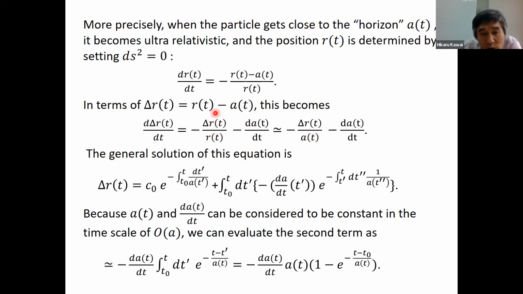So this equation can be approximated by this one, which is just a linear equation for delta R with an inhomogeneous term.